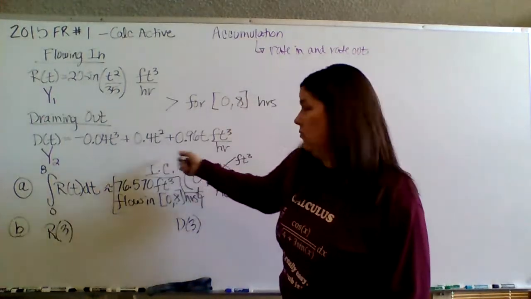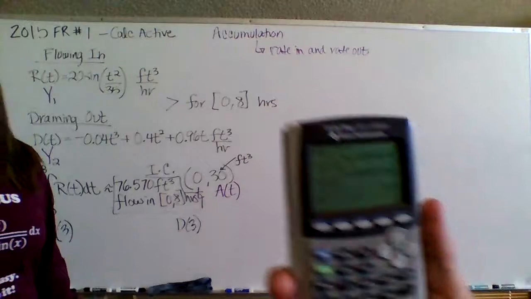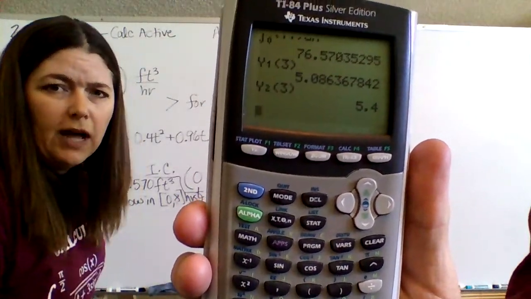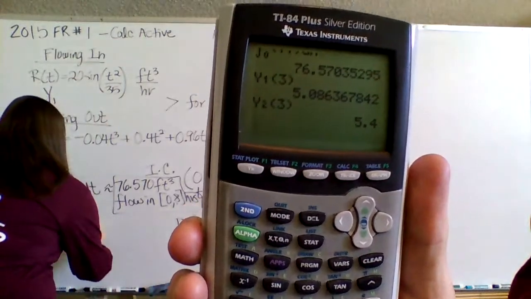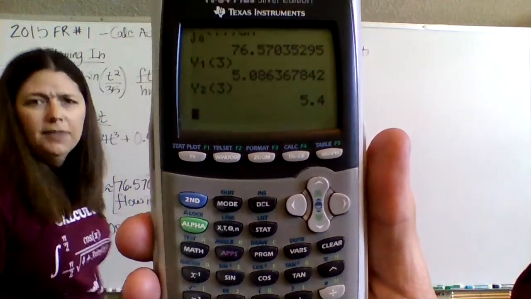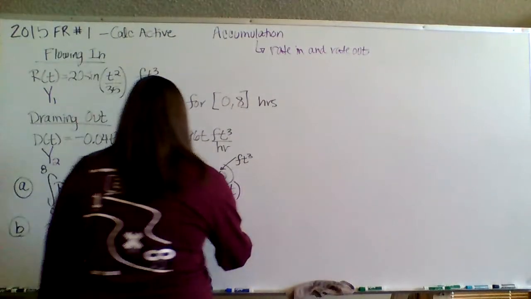And again, because this is stored in Y2, you can just do Y2 of 3, alpha trace on a home screen and get those values. So it looks like Y1 of 3 is approximately 5.086. Remember, if they don't specify otherwise, you're going to 3 places. And then it looks like that other part, even though I have lots of decimals, came out to be exactly 5.4.